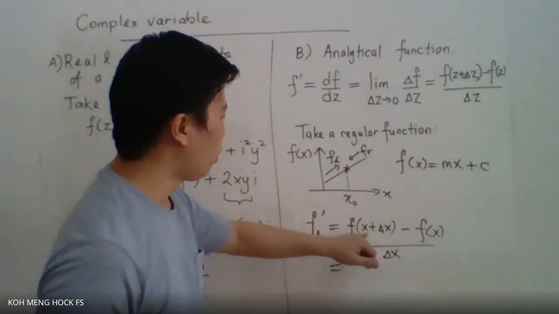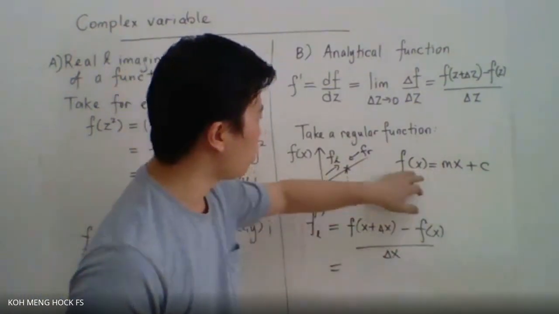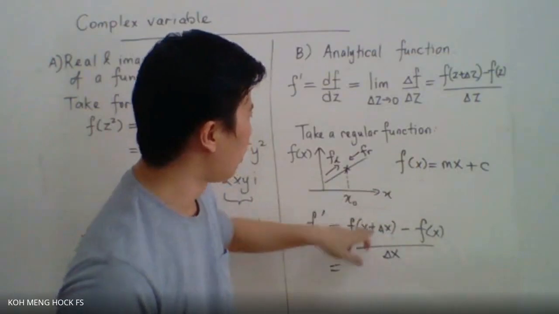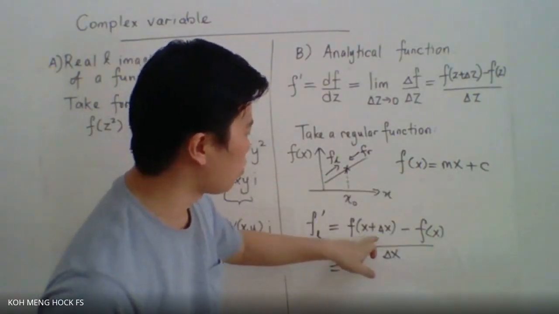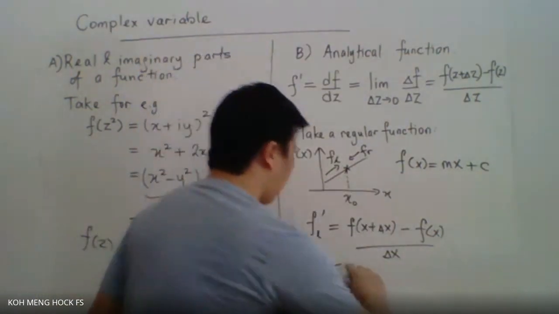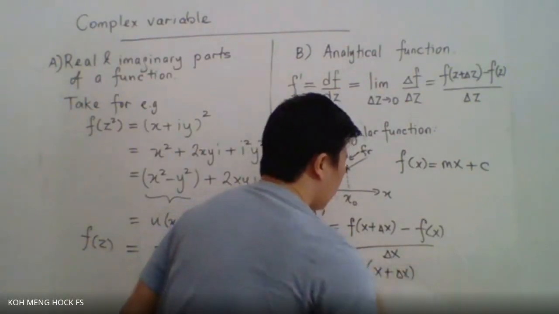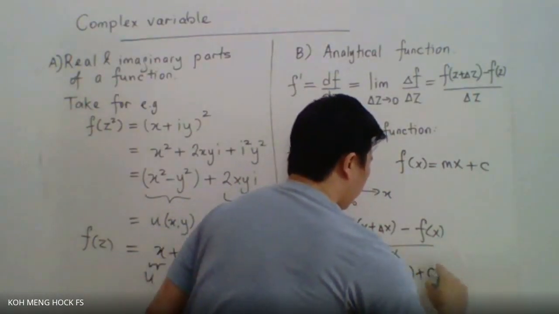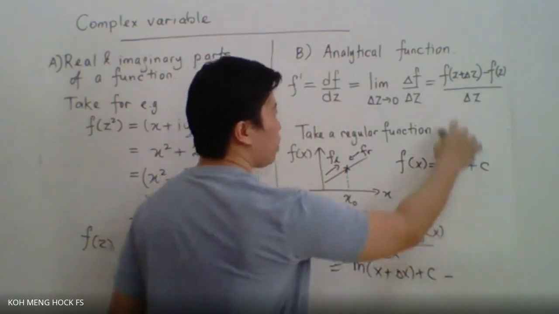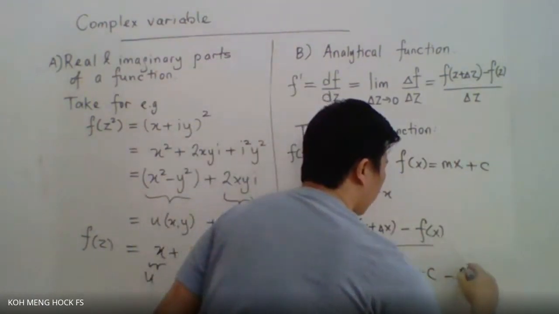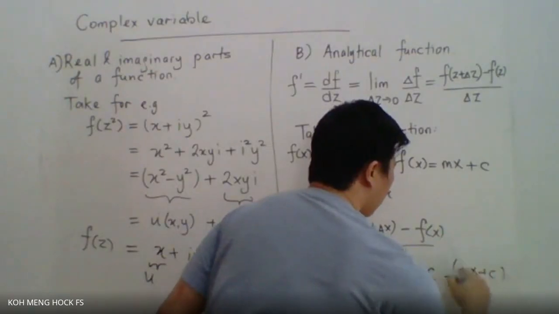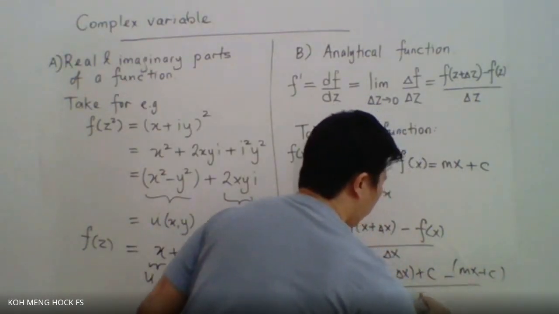So I'm going to put x plus delta x into the function because this is my function. I'm going to replace, instead of x only, x plus delta x inside. So now I have m(x plus delta x) plus c, minus f(x) only, which is mx plus c, and this whole thing is going to be divided by delta x.